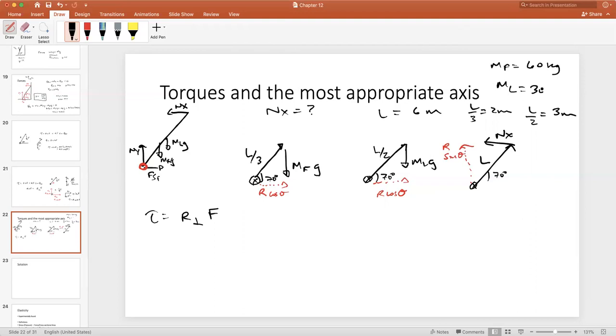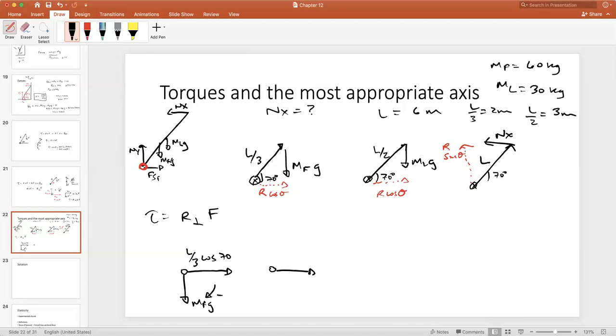All right, cool. So let's find our torques again. I have L/3 times cosine of 70 times m_f g, and this is negative because it is a clockwise rotation.